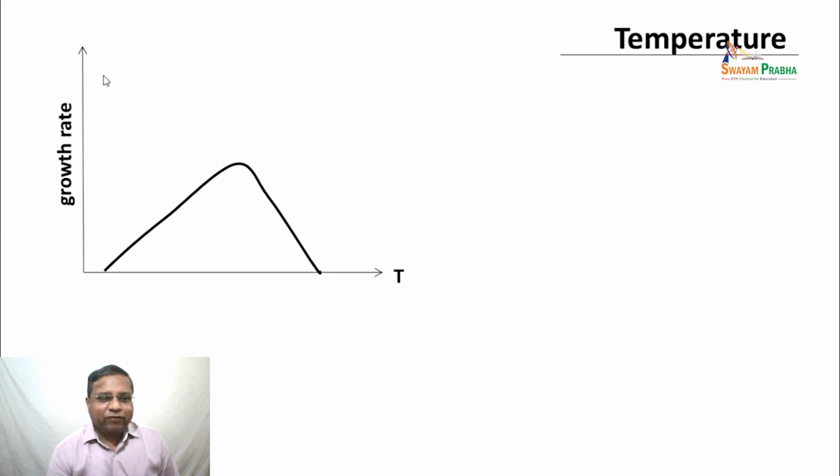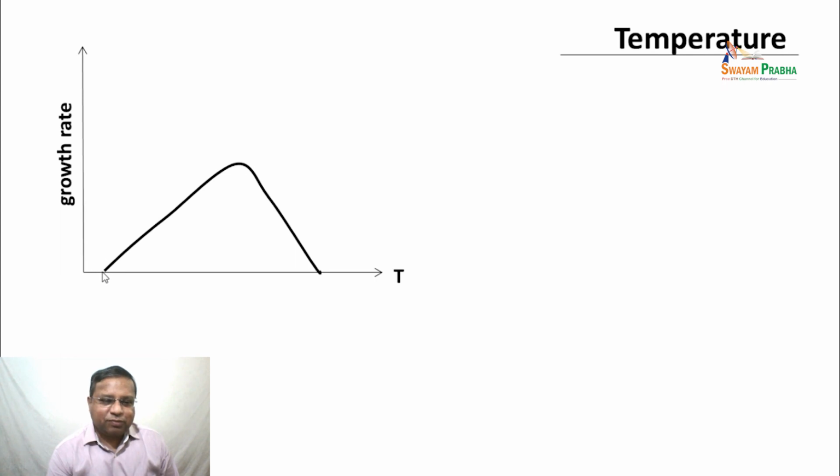If we look at the variation in growth rate with temperature, we are looking at the effect on growth rate. Remember, we said how rates are important, and therefore this would also focus on how the temperature affects growth rate. The variation is something like this.